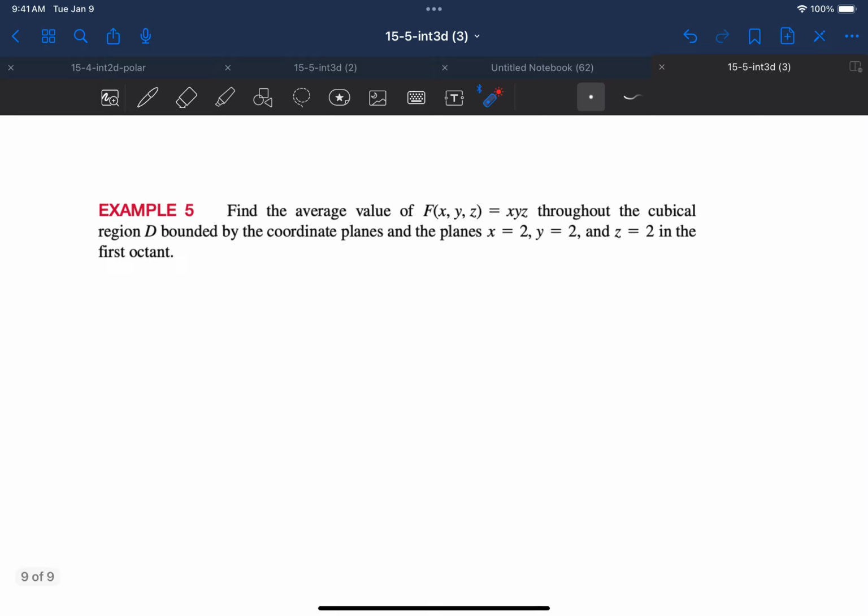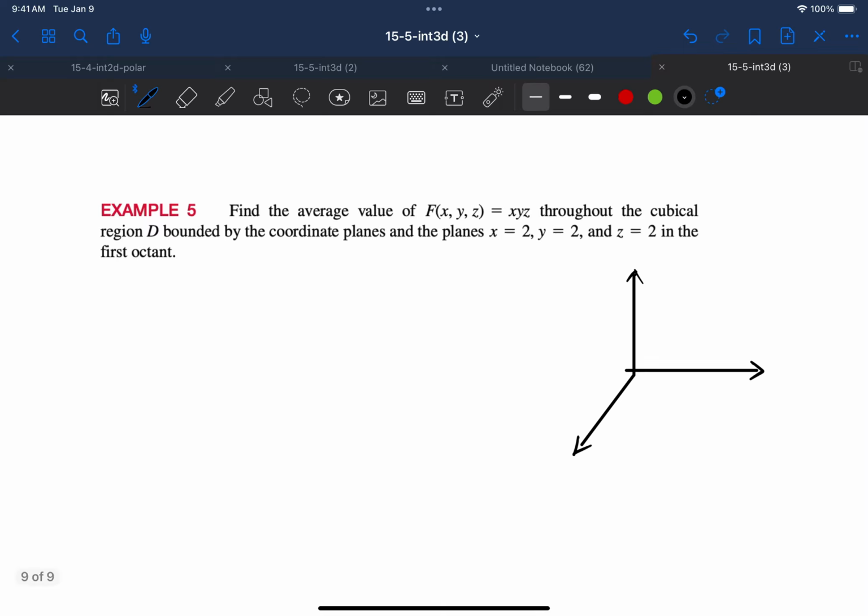Find the average value of f given by xyz throughout the cubical region D, bounded by the coordinate planes and the planes x equals 2, y equals 2, z equals 2 in the first octant. So this is about the cube with side length 2.